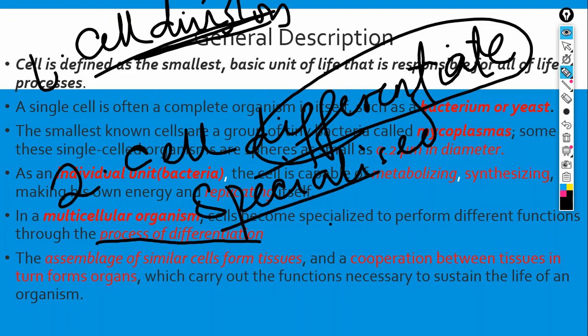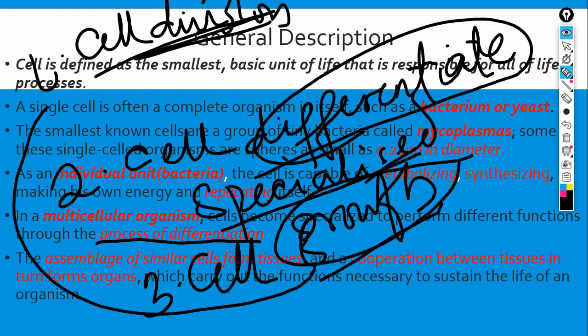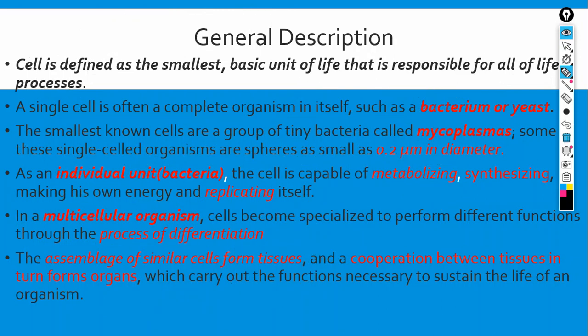Then after specialization, it can grow and mature. Cell growth is the number three stage. So the cell grows and becomes mature enough to what? To divide again. Is that okay? So that is the way the cell cycle goes. Then we have the assemblage of similar cells forming tissues, and the cooperation between tissues in turn forms organs, which carry out the functions necessary to sustain the life of an organism. So that was what we talked about in the cell organization of life, right?